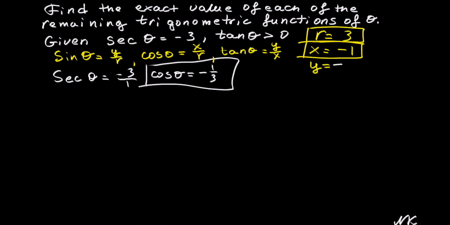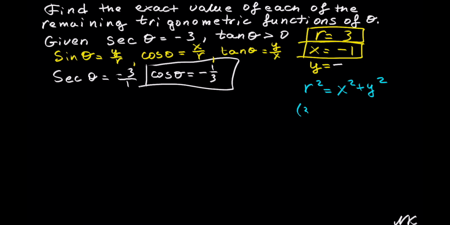Now we can calculate the value of y using r squared equals x squared plus y squared. You can absolutely use the Pythagorean theorem, but you need to draw a reference triangle to do so. So let's substitute and solve.